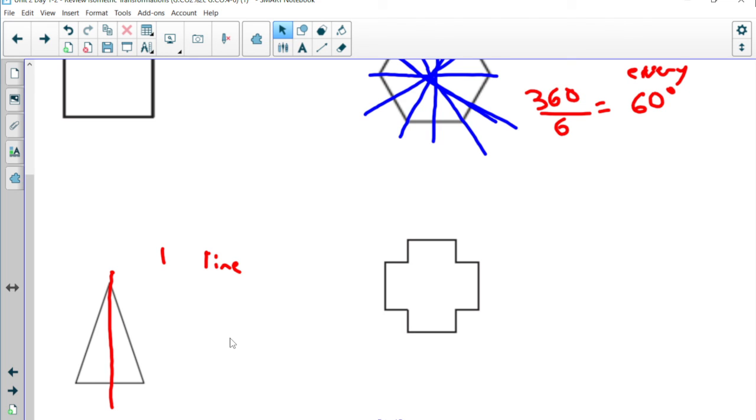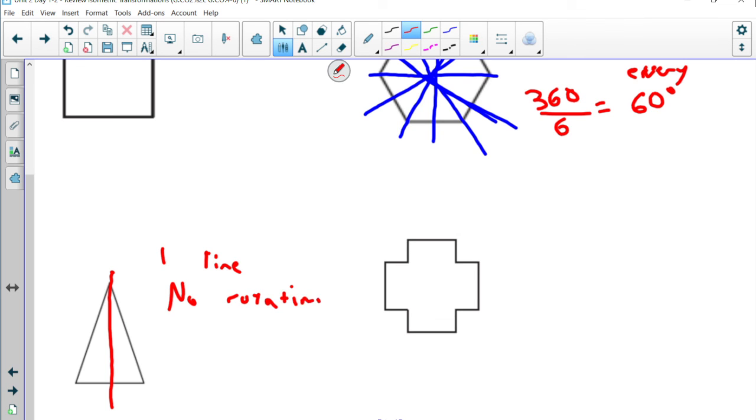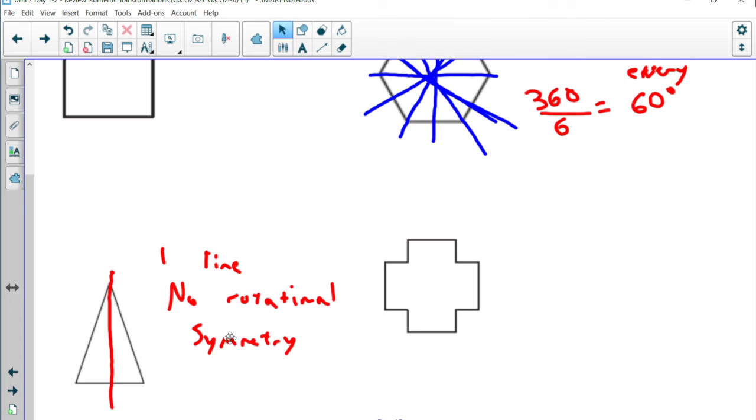So this, in fact, has no rotational symmetry. Because except for winding up back where we started, there was no place that we rotated it that gave us the symmetry we were looking for.